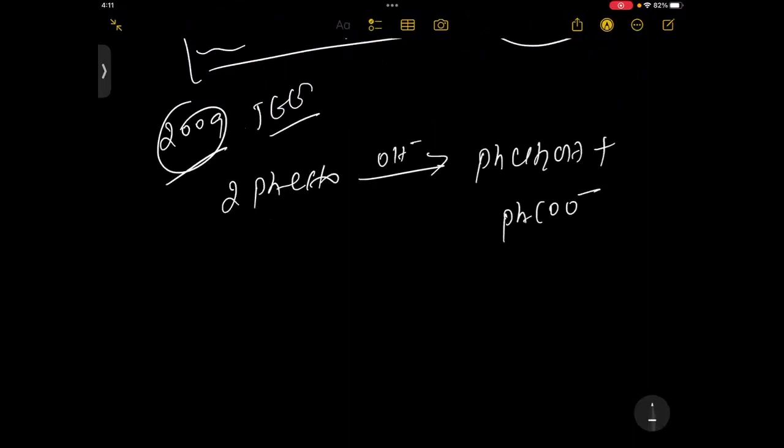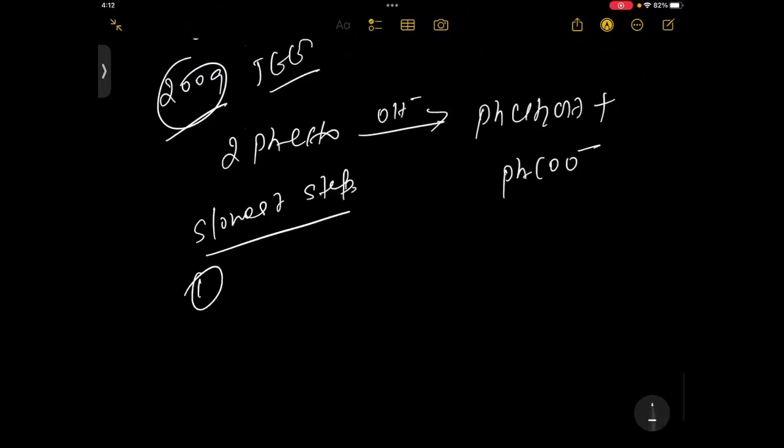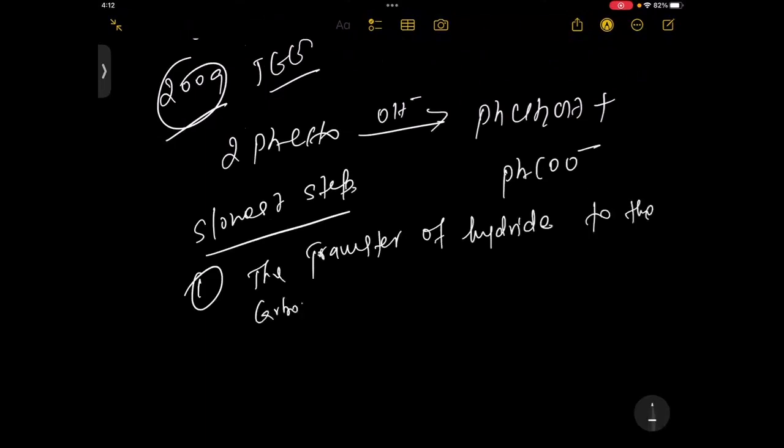First is the transfer of a hydride to the carbonyl group.